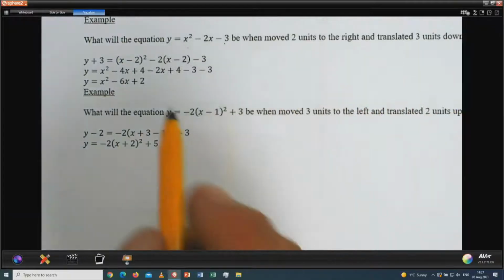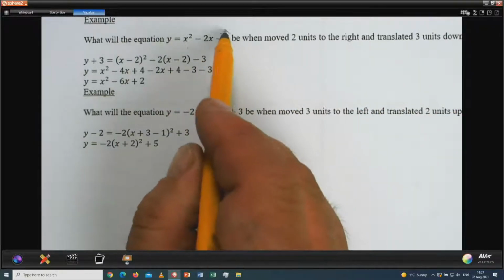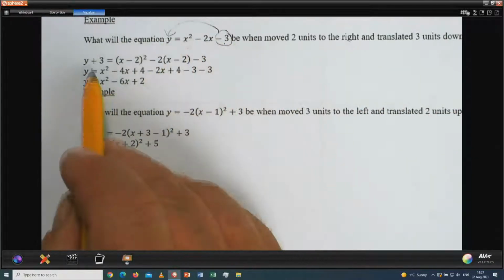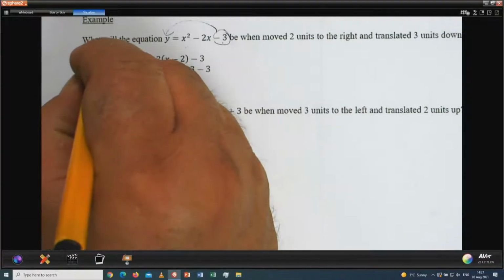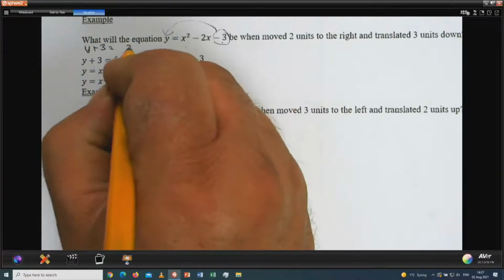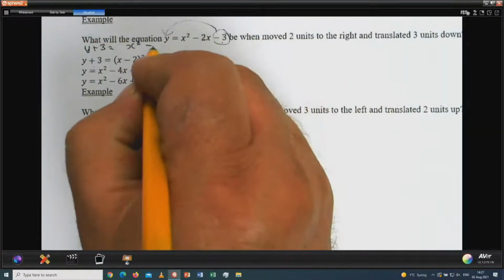The first step here is to take that negative 3 across, so I get y plus 3. Now I'm left with y plus 3 is equal to x squared negative 2x.